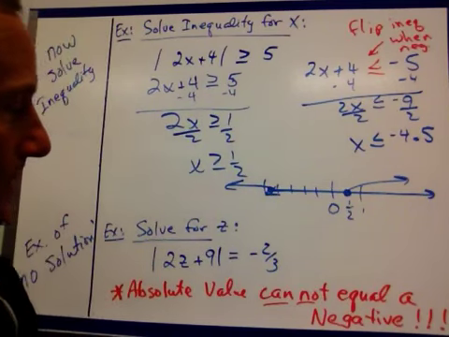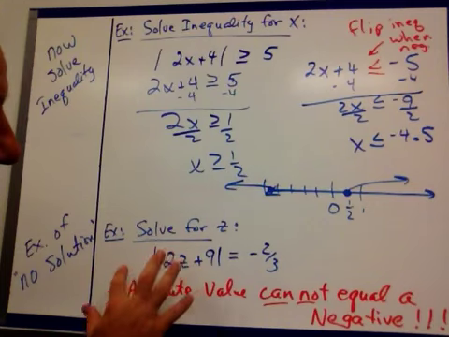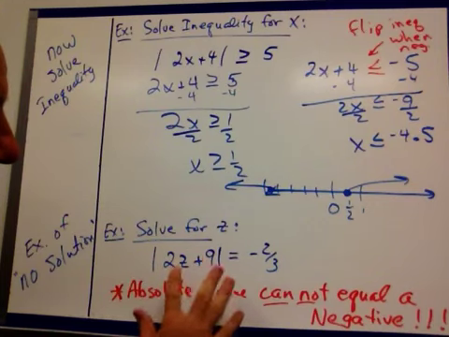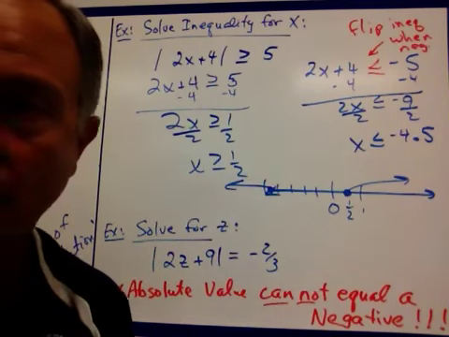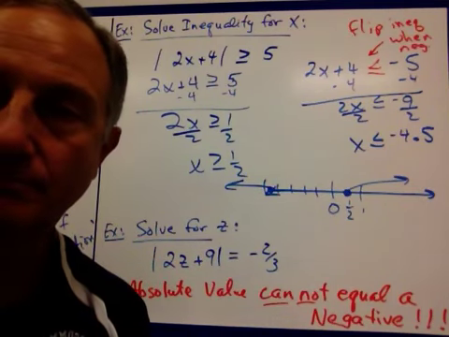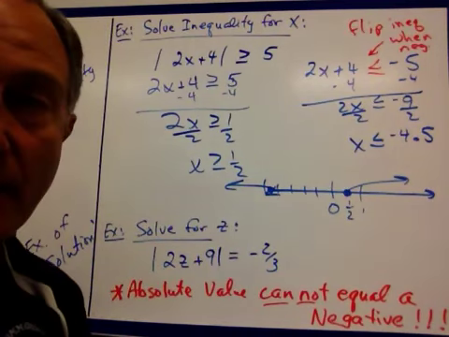Last couple little things to think about here. If you simplify your equation to where the absolute value is equal to a negative number, is that possible? No, because we said the absolute value is always a positive value.